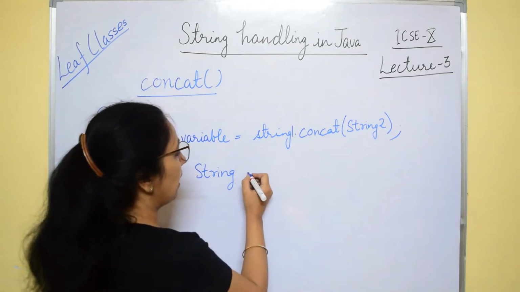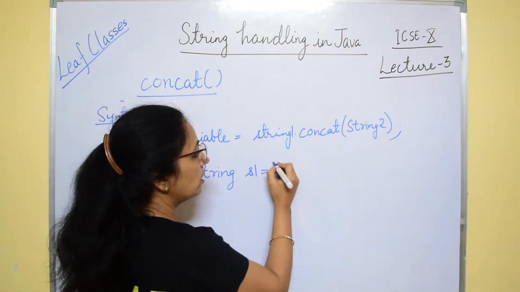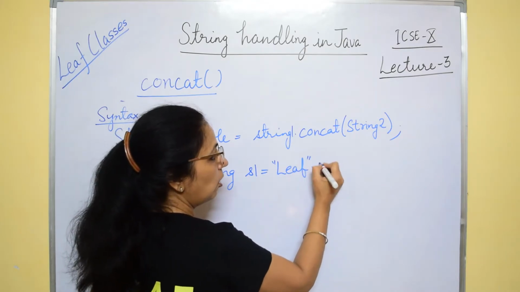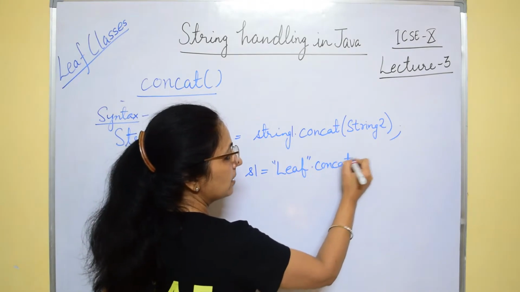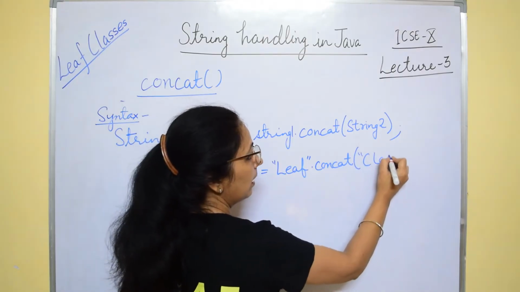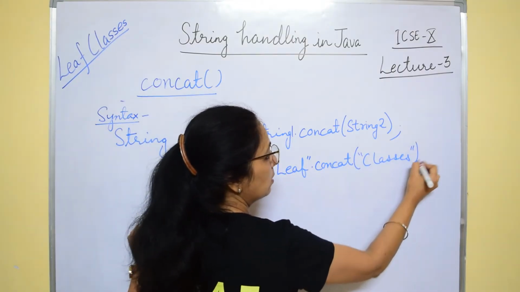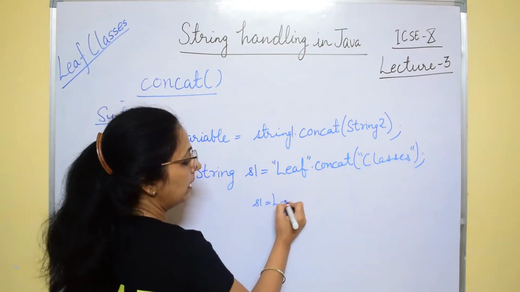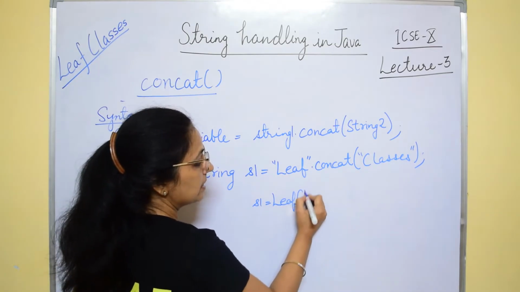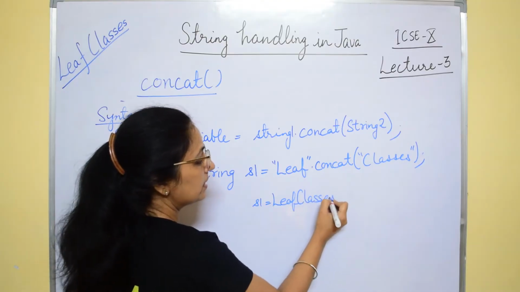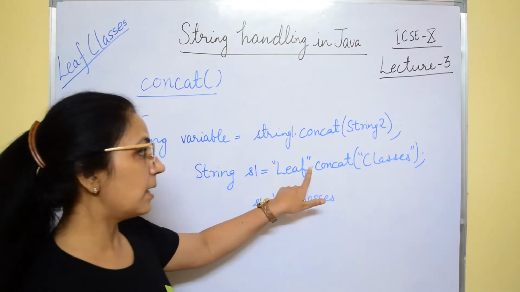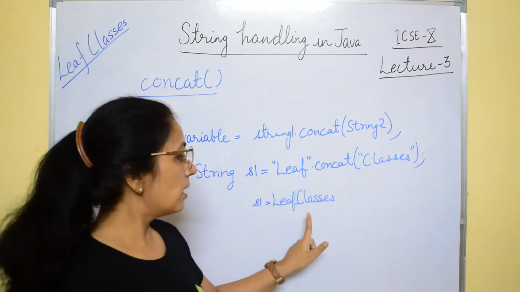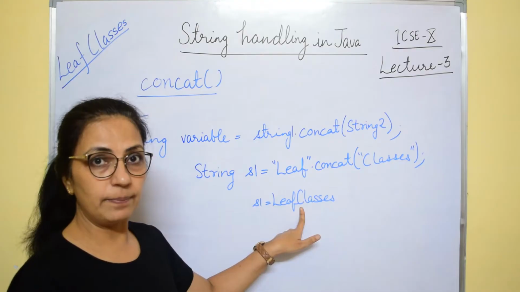So here String s1 equals to "leaf" dot concat "classes". So the value of s1 will now be "leafclasses", and since there is no space anywhere in the end of this or in the beginning of this, there won't be any space here, right?